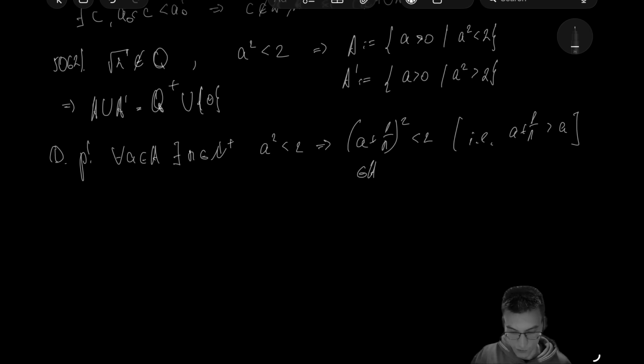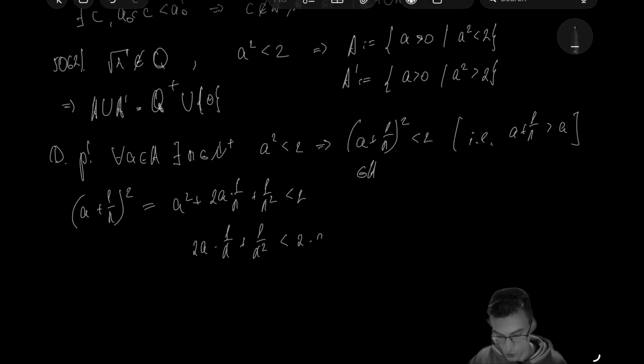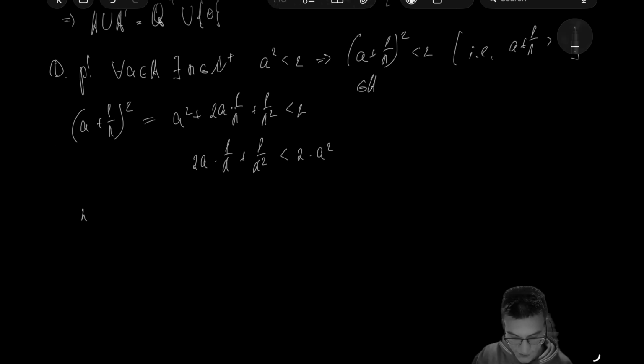So if you want to prove that, we just need to show that such n exists for any a. We can find such. So let's just resolve this inequation. That should be a squared plus 2a times 1 over n plus 1 over n squared less than 2, which means that 2a times 1 over n plus 1 over n squared less than 2 minus a squared. We can see that 2a times 1 over n plus 1 over n squared is less than 2a times 1 over n plus 1 over n.